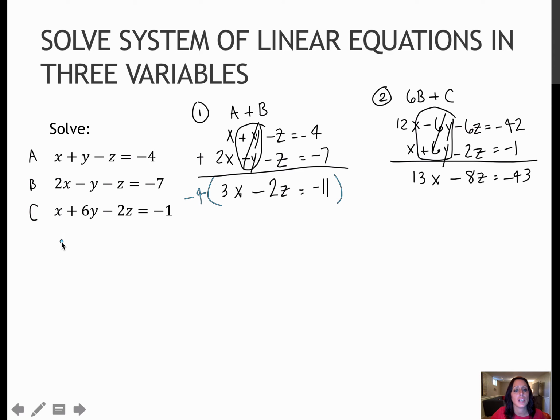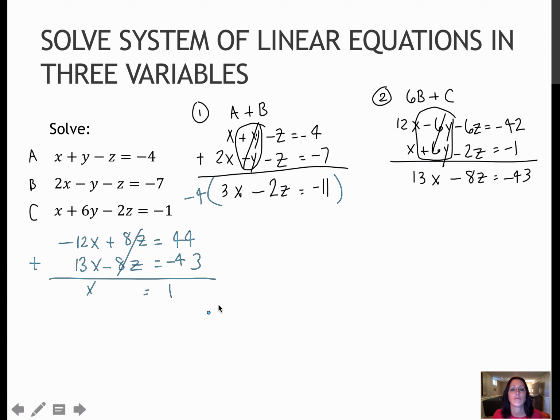So this equation is now -12x plus 8z. -4 times -11 is positive 44. I'm rewriting this equation, 13x minus 8z equals -43. Add these together, I get 1x equals 1.